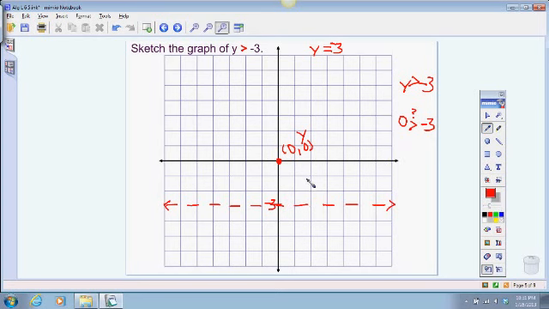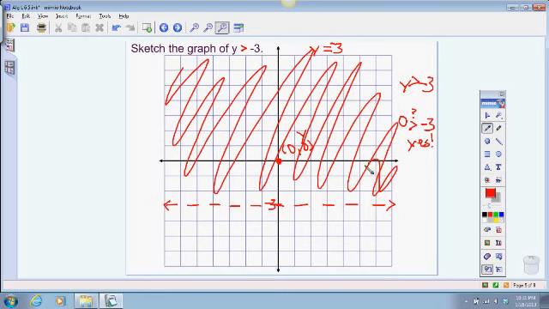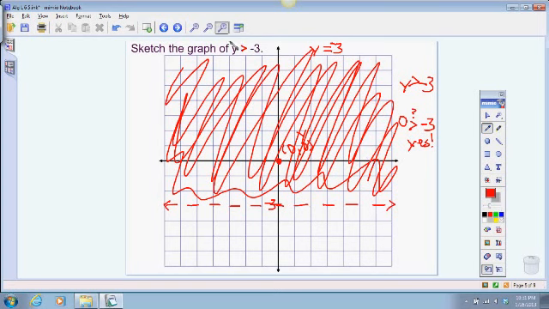Yes, 0 is greater than -3. So since this point makes it a true statement, yes, it's a solution, you're going to shade the side of the line that contains this point. So we're going to shade over here. Okay, so this graph represents y is greater than -3.